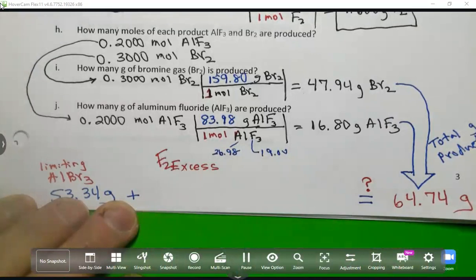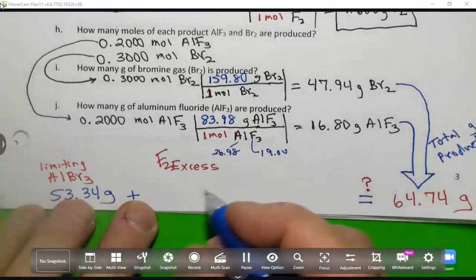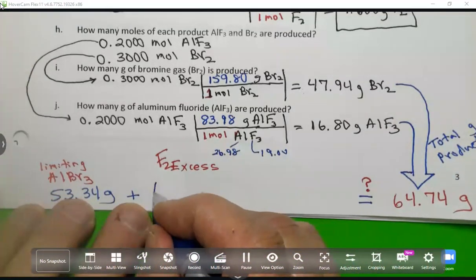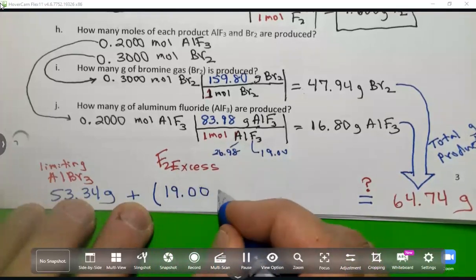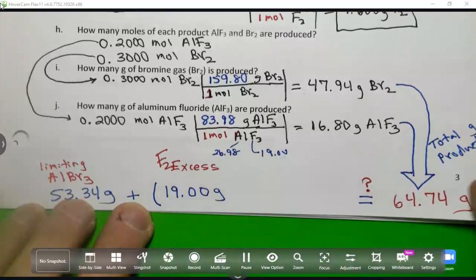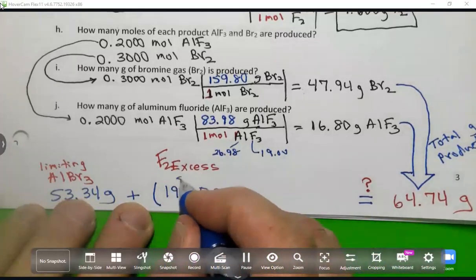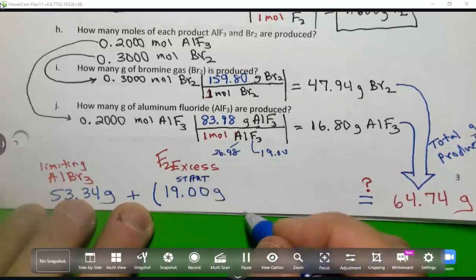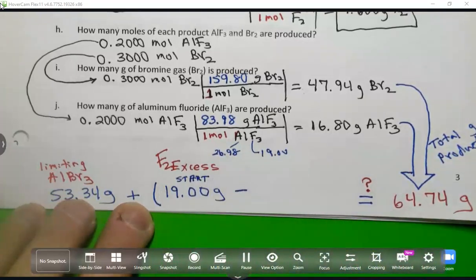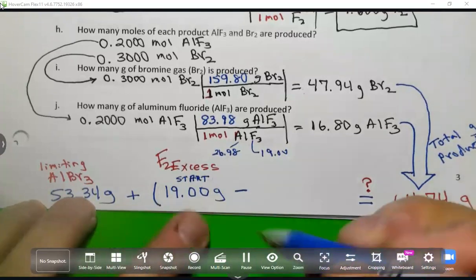For my F2 excess, I started with, I'm going to do a left parenthesis here, 19.00 grams. Minus, how many grams did I have left over?